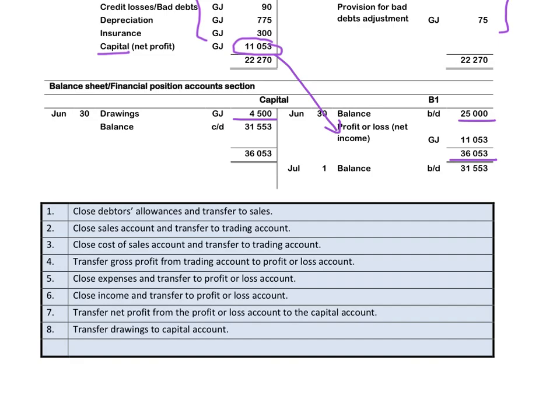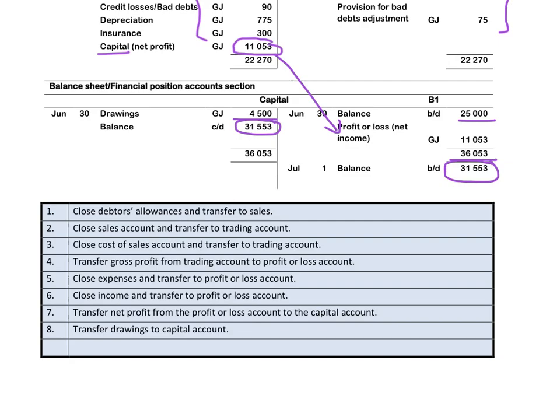So he reduced this owner's equity with 4,500, and then we work out the new balancing figure. So it means the figure that will be recorded in the balance sheet as owner's equity will be 31,553. And the following financial year, you will start with that as an opening balance of capital.